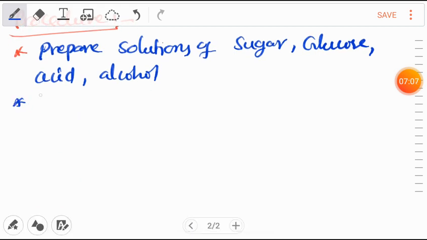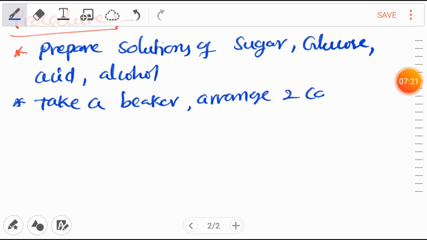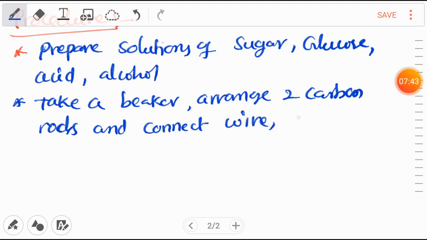Second point: take a beaker, arrange two carbon rods, and connect wire and bulb in series.